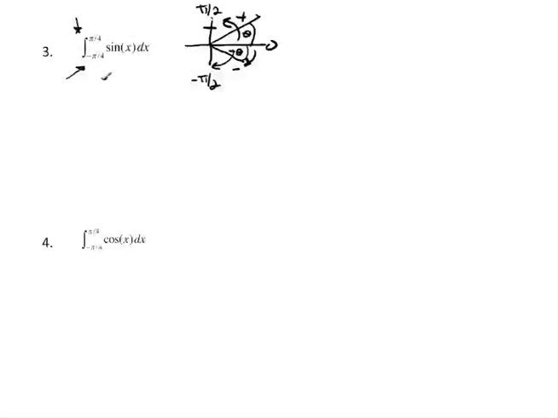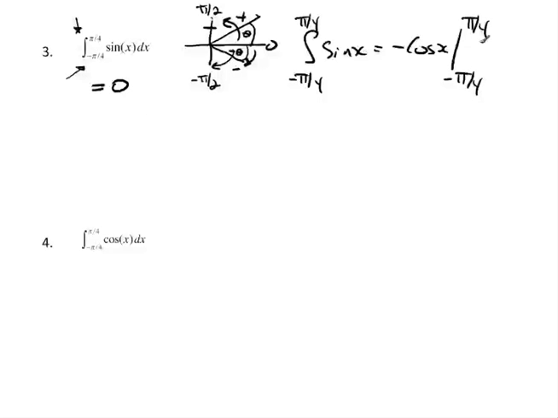As soon as I make that determination, because these bounds are symmetric, I know that the solution to this is going to be 0. Now we can integrate this just to find out if you like. The integral from negative pi over 4 to pi over 4 of sine of x equals a negative cosine of x evaluated from negative pi over 4 to pi over 4.